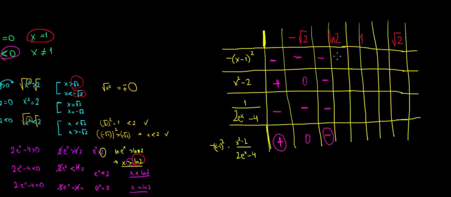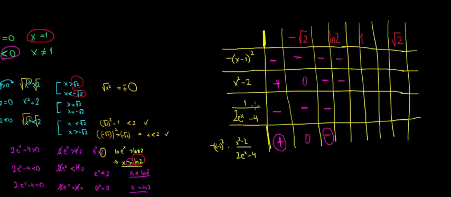What happens exactly at ln of 2? ln of 2 is different than 1. So from the first term again we have a negative range. ln of 2 to the power of 2. Let's calculate real quick. ln of 2 squared minus 2 gives minus 0.61. So that's a negative range.